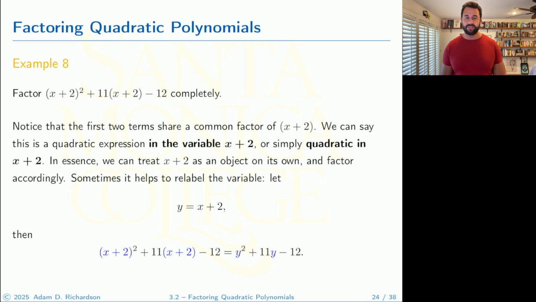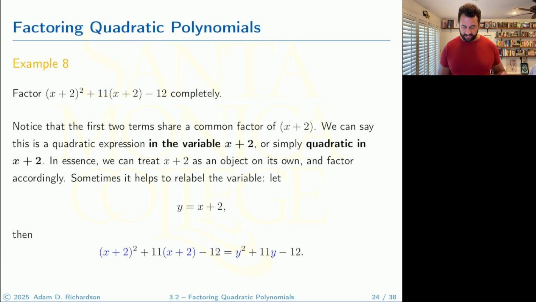That's quadratic in structure. Blah squared plus 11 blah minus 12. That's quadratic, right? So when we see a structure like this, where the expression is quadratic, just in a different variable, we just say it's quadratic in whatever that other variable or expression is. So this is quadratic in x plus 2.